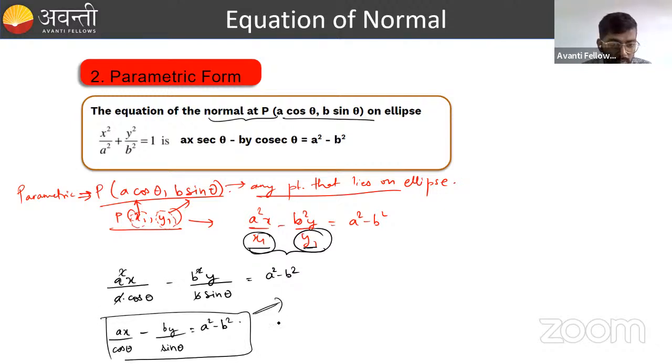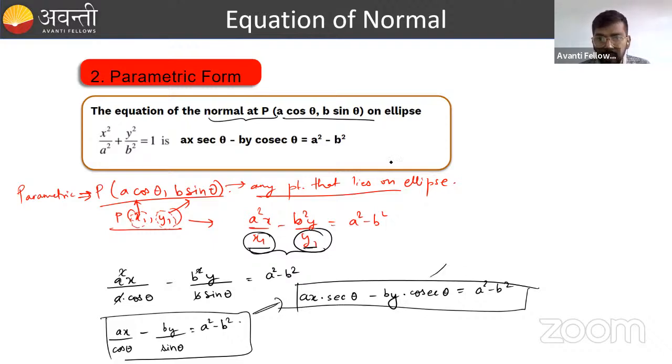So now this ax by cos theta, so that cos theta in the denominator can be taken as sec theta in the numerator. So what I can write here is ax into sec theta minus by, and that sin theta in the denominator can be written as cosec theta equals a square minus b square.